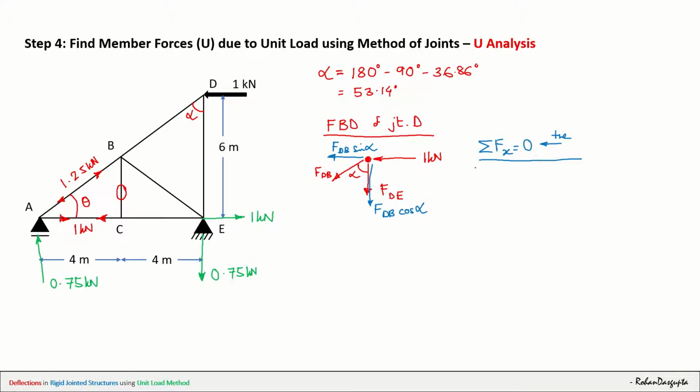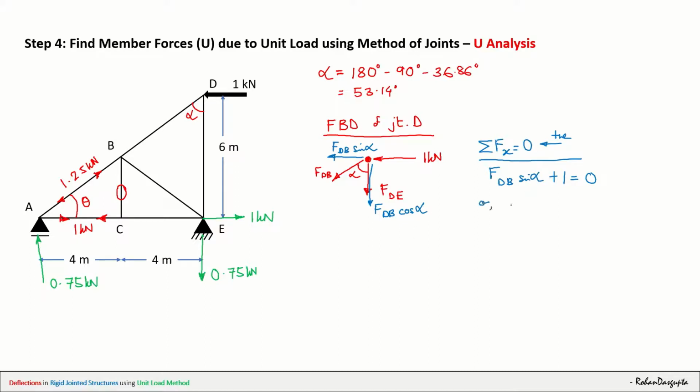We have minus FDB sin alpha plus 1 equals 0. Again, I'm making a mistake here: it is not theta, this will be FDB sin alpha.